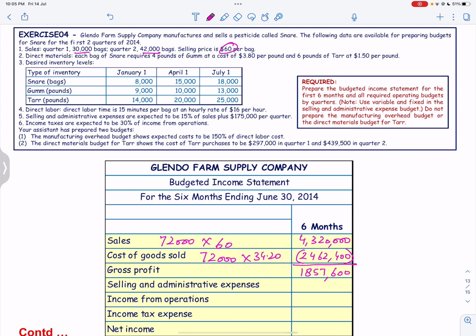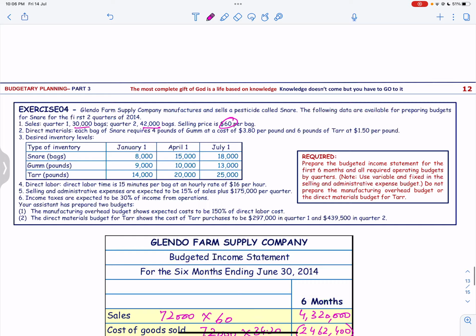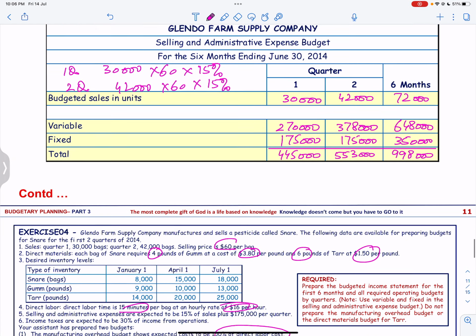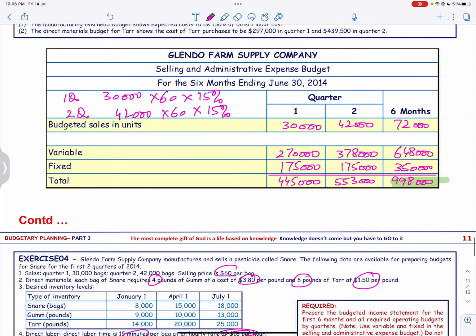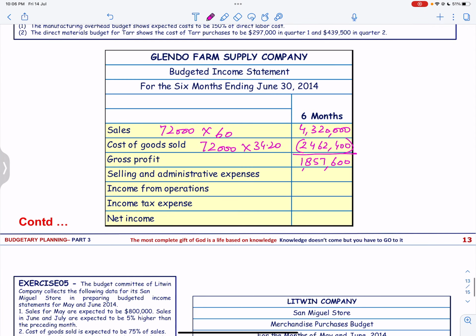This will be subtracted to get the gross profit, that will be 1,857,600. Now from this we are going to subtract the selling and administrative expenses, and selling and administrative expenses were 998,000.